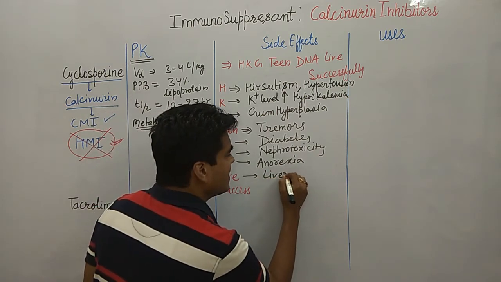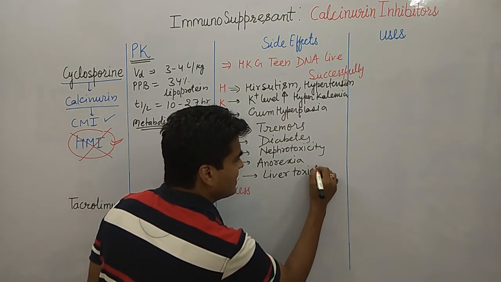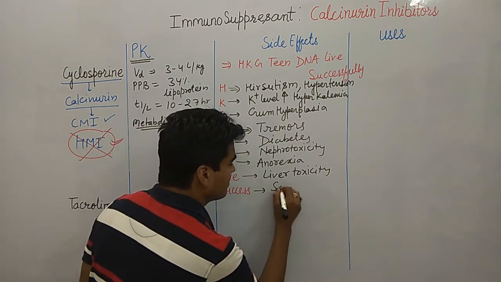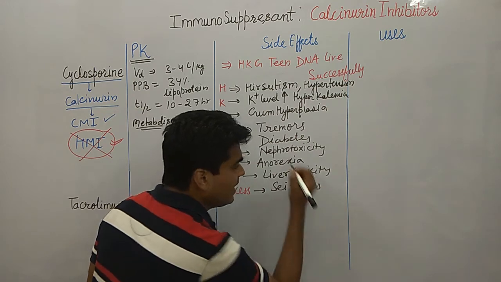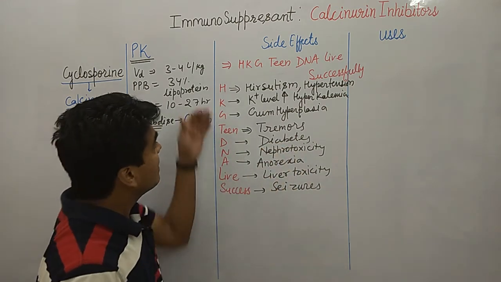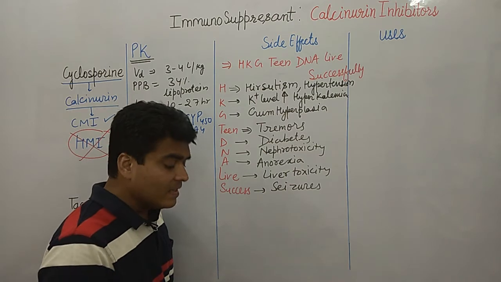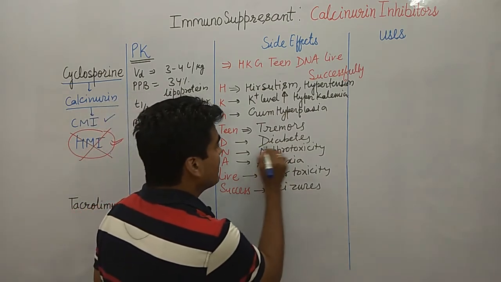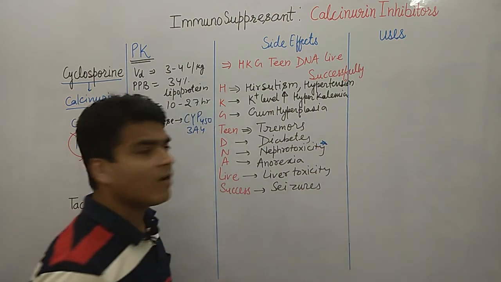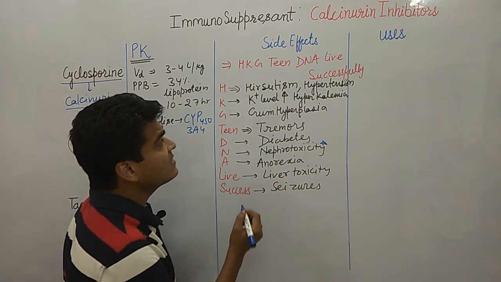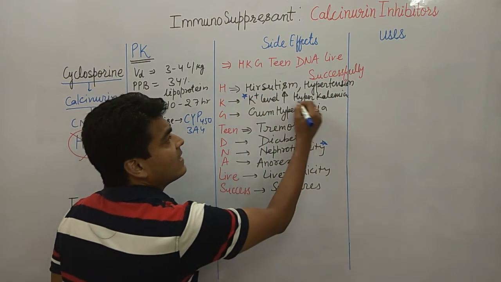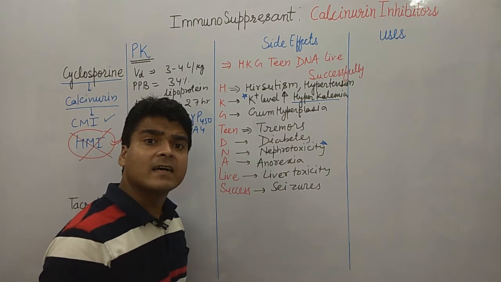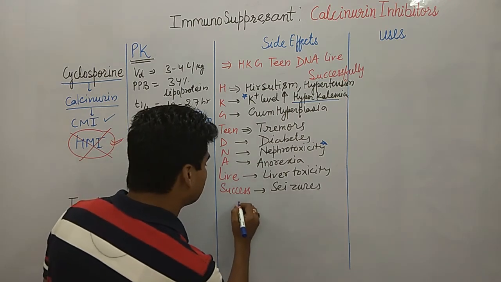And then success means it also causes seizures. So this is all about the side effects. Now just remember two important things: the first is nephrotoxicity, and the other is a higher level of potassium. So two kinds of drug-drug interaction are caused by this drug.